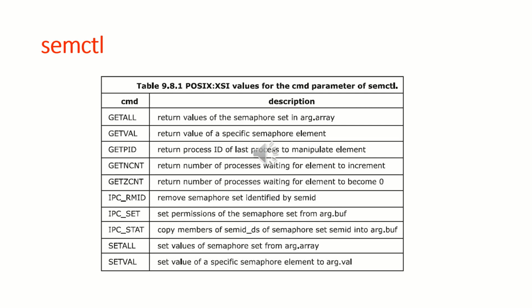IPC_RMID removes the semaphore set from the system. The removal is immediate. Any other process still using the semaphore will get an error of EIDRM on the next attempted operation on the semaphore.